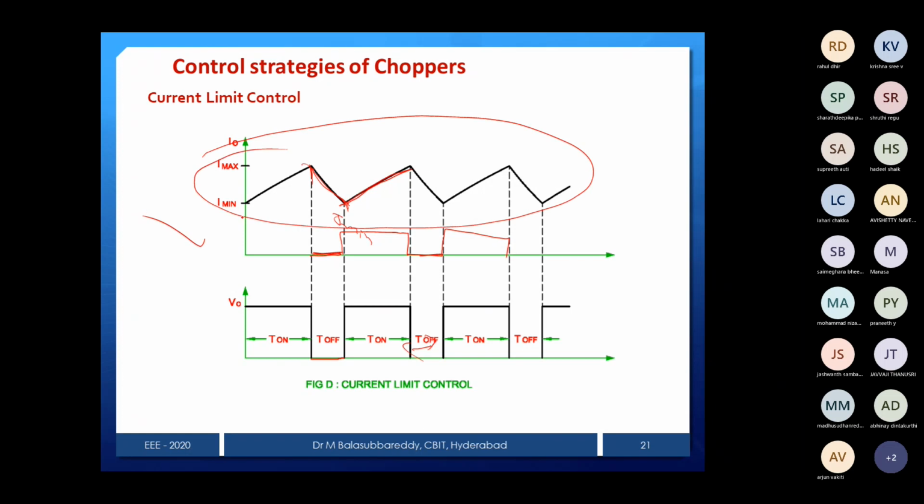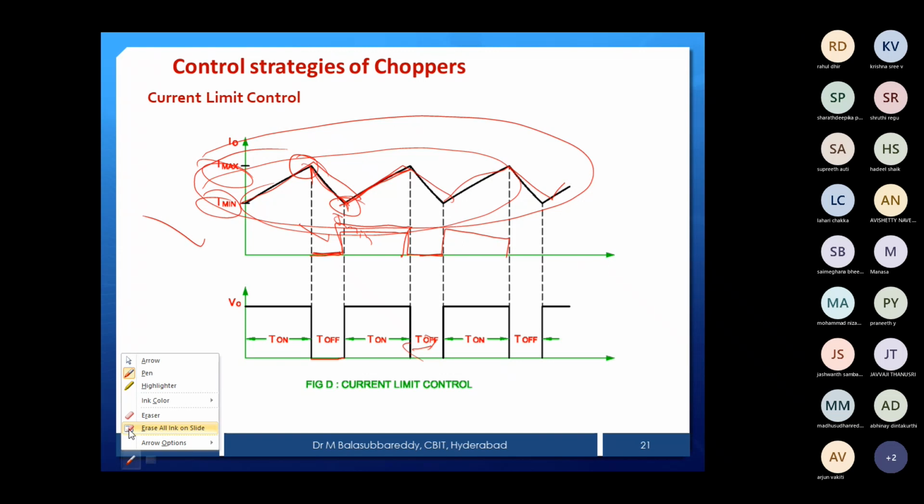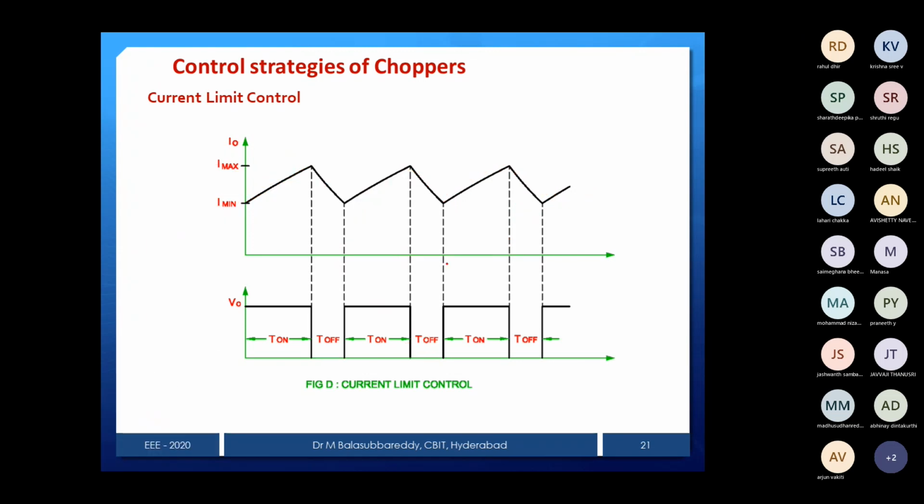You can see the current is always within the minimum to maximum. Whatever values you want, you can set the minimum and maximum. Once it reaches the maximum current, disconnect the firing pulse; when it reaches the minimum current, provide the firing pulse, and the chopper will operate within the minimum and maximum. This is used for motor drives and similar applications. If we want to operate within limits, we can use current limit control.